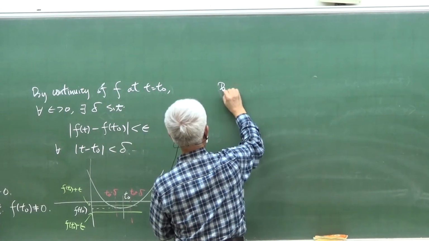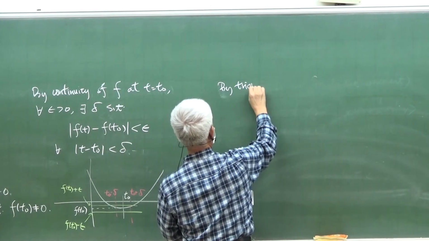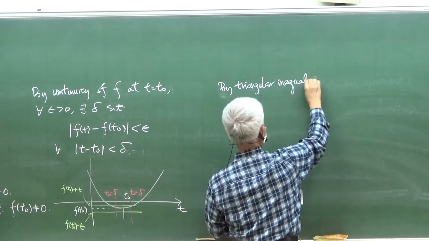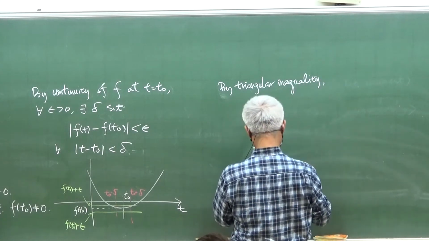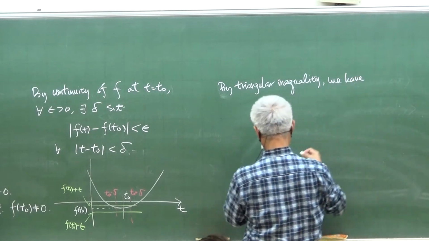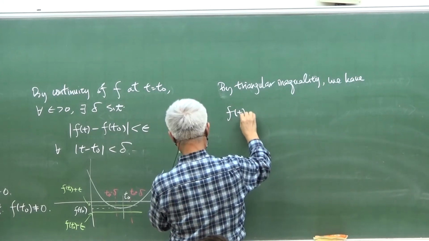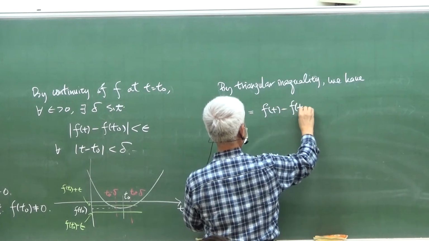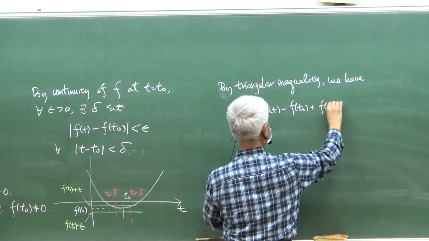Alright, so by the triangle inequality, we have that f of t, which is f of t minus f of t0 plus f of t0.